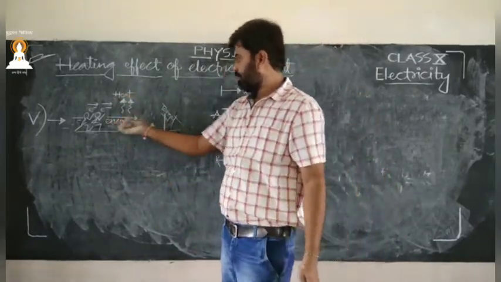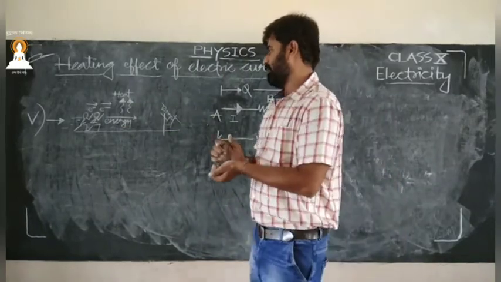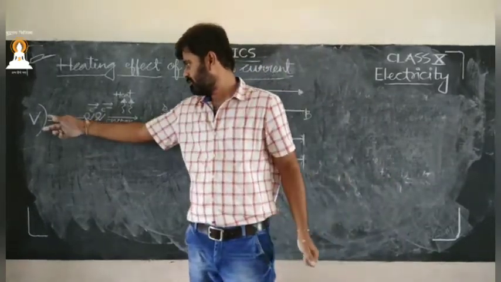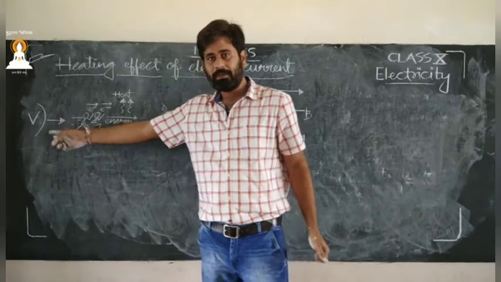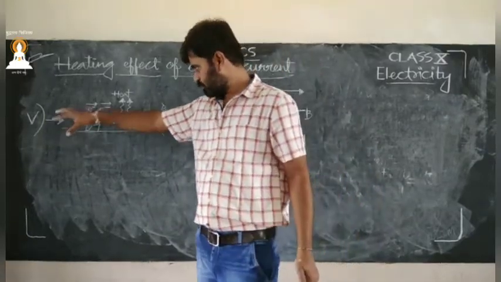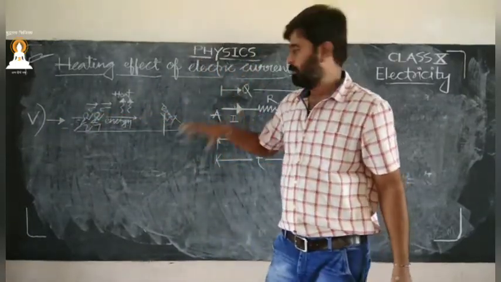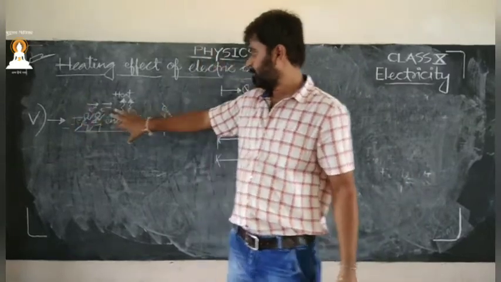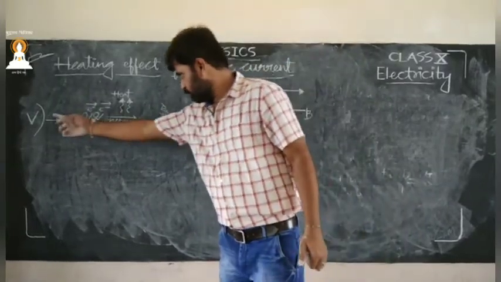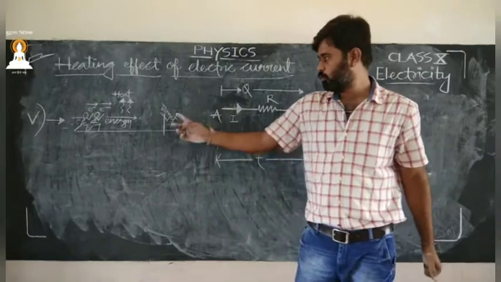Once the voltage drop is there, the source will push them ahead, and because they are in millions, through this energy they will move ahead towards the target.